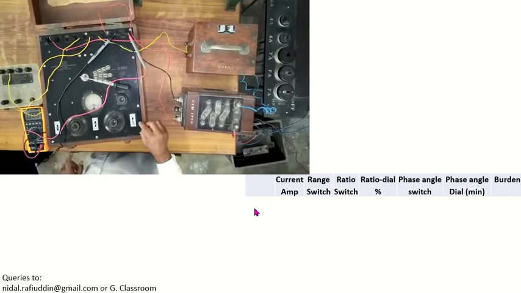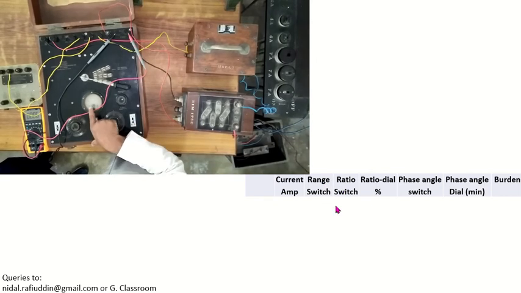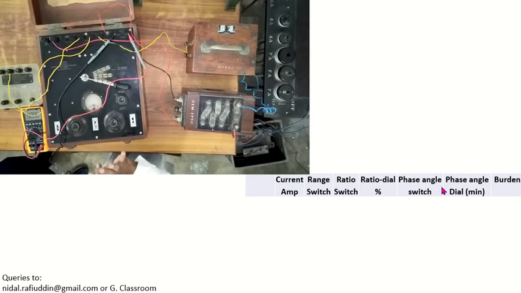The leftmost column will correspond to the switches that are being controlled. Then we have the second column as current in amperes, then range switch, ratio switch, ratio dial in terms of percentage, phase angle switch, the phase angle dial, and the burden.